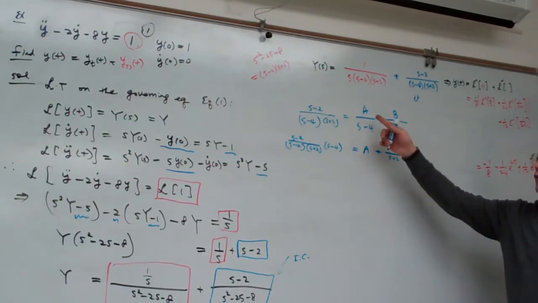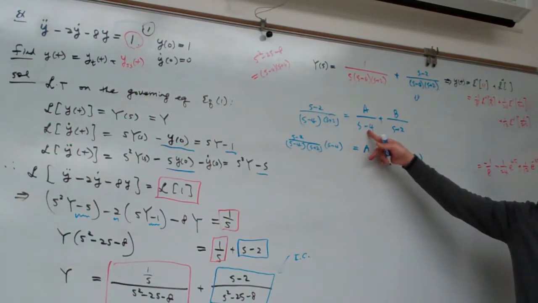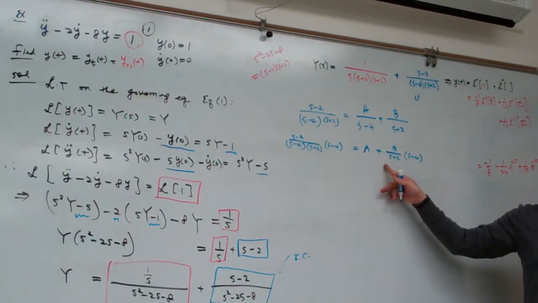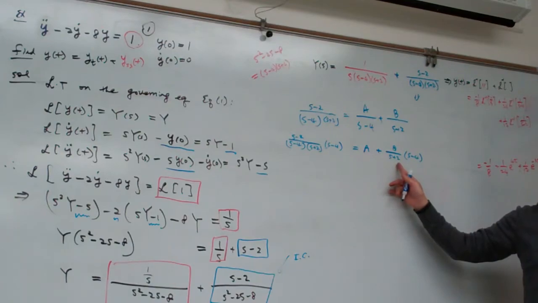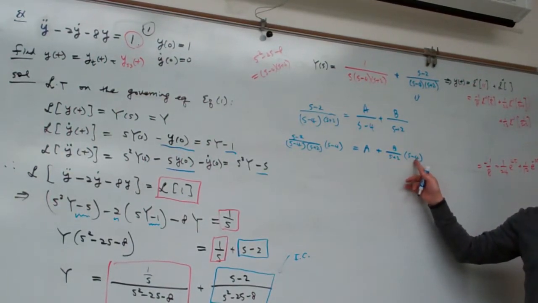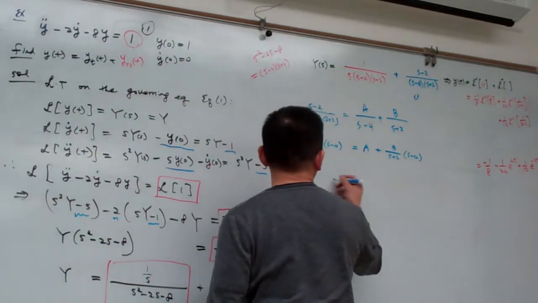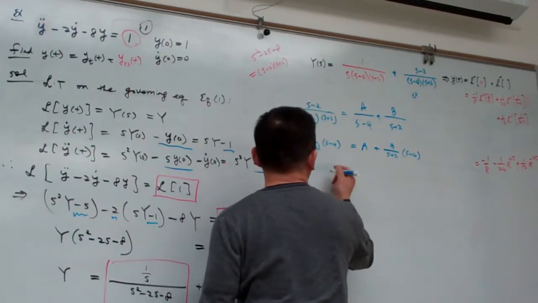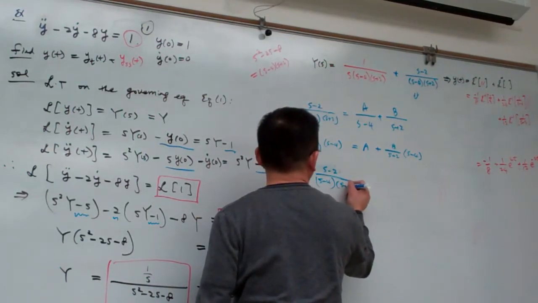So the first one, I want to determine A. I simply multiply both sides by the corresponding factor, and it becomes like this. To determine A, I want this term to disappear. To get this term to become 0, the only chance is to set s equal to 4.